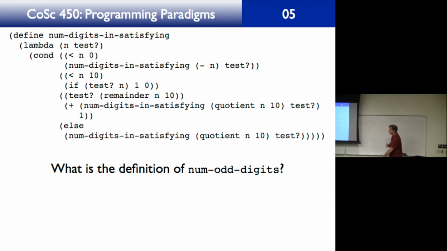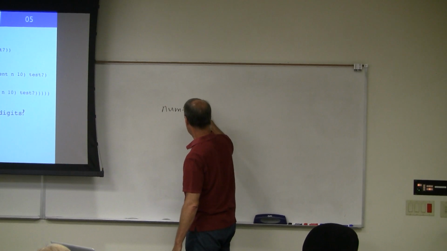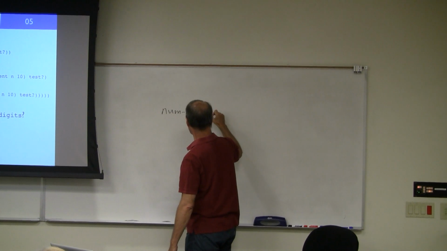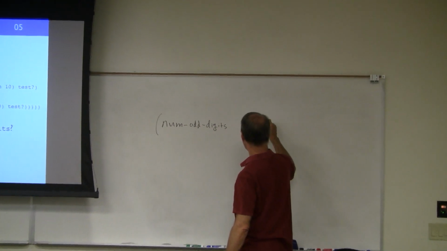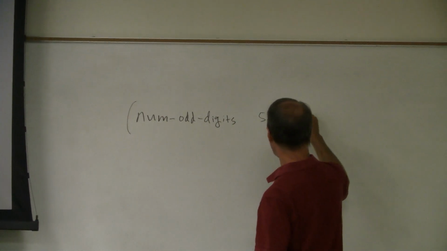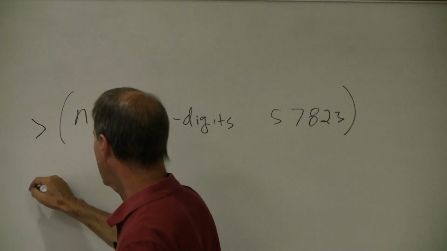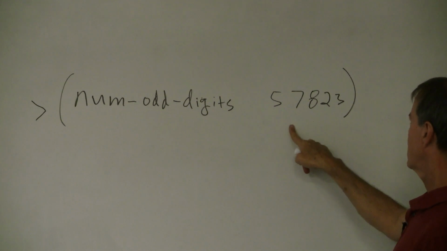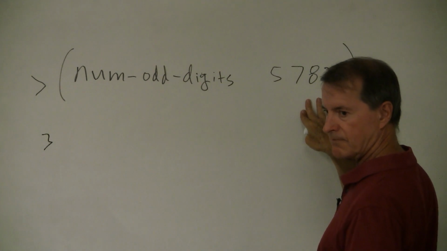We want to write a function named num odd digits, so that if you do this, num odd digits, and you have like 57,823, this would return what? What do we want this to return? Obviously 3, right? This will return 3 because there's 3 odd digits in here.